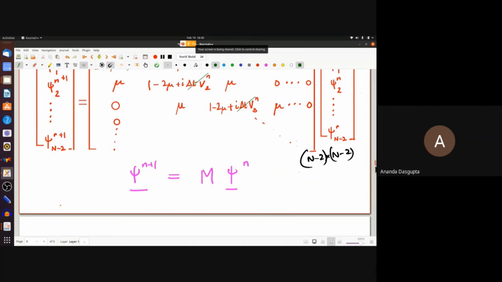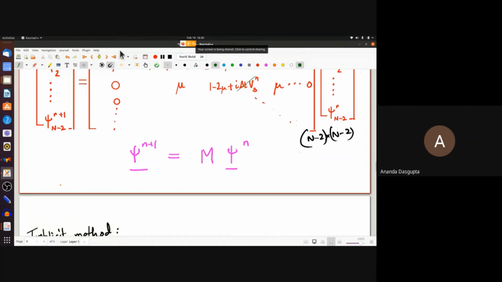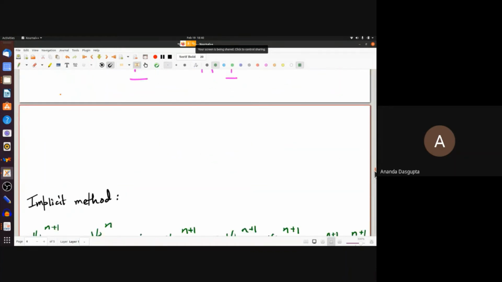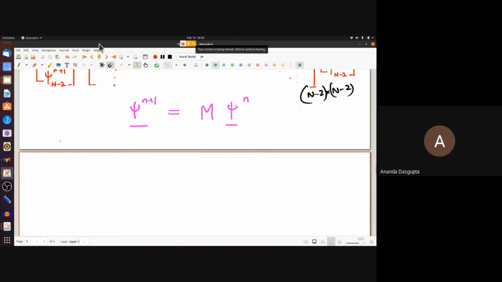What should happen in actual time evolution, let me just get some space for myself here. What should happen is the wave function at time t should be e to the minus i t H hat, psi at 0. H cross is 1, so let's not worry too much about that.